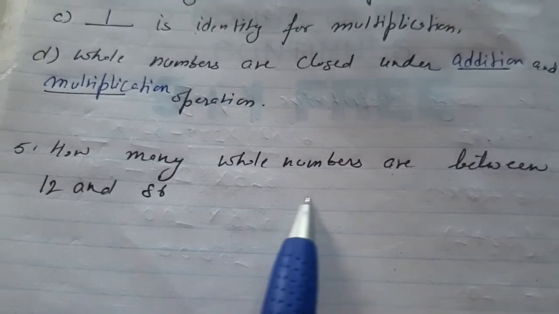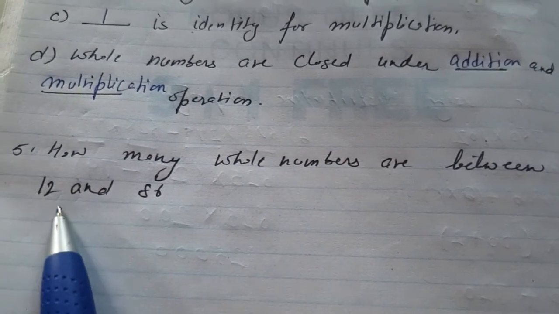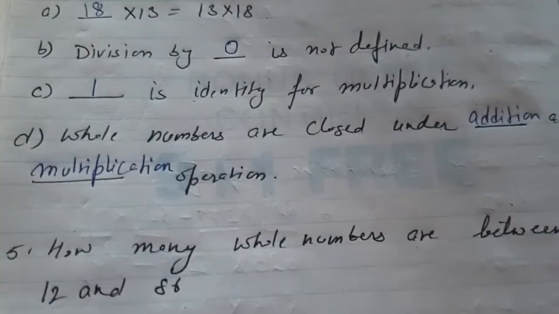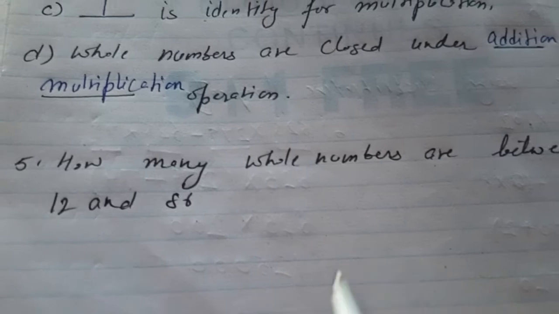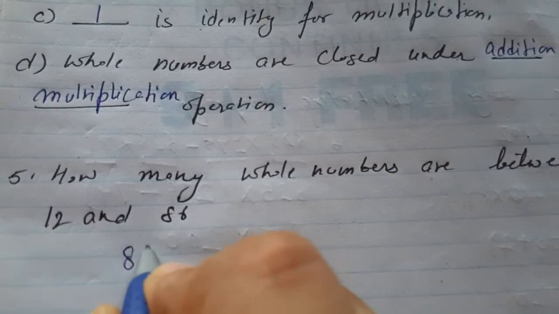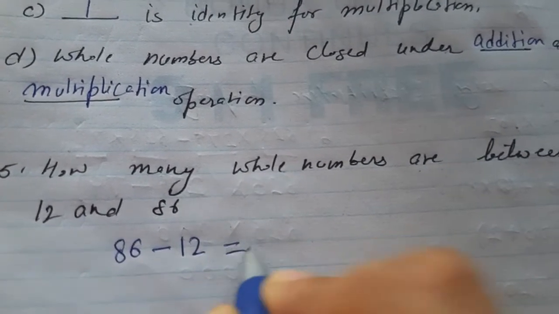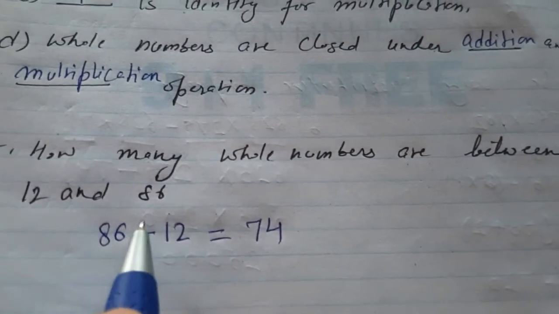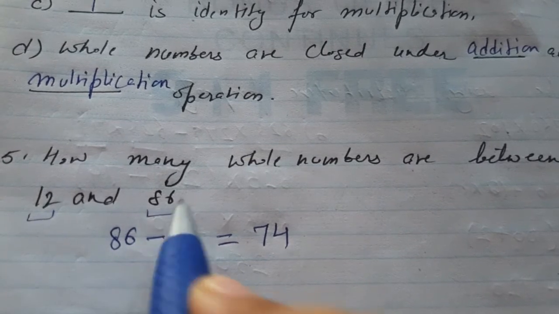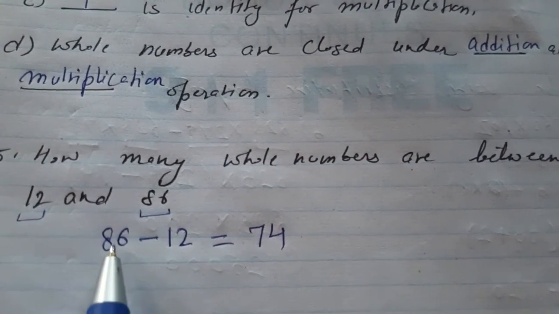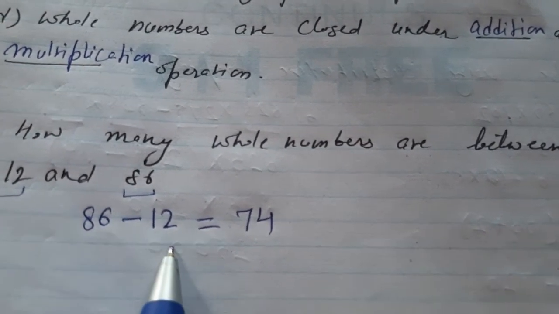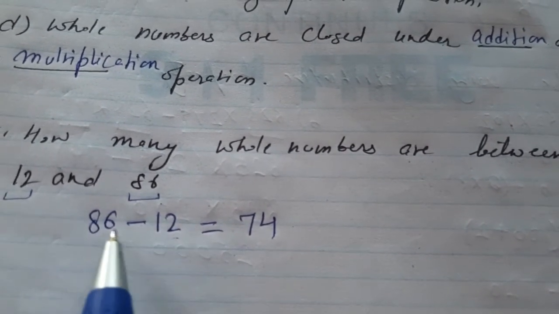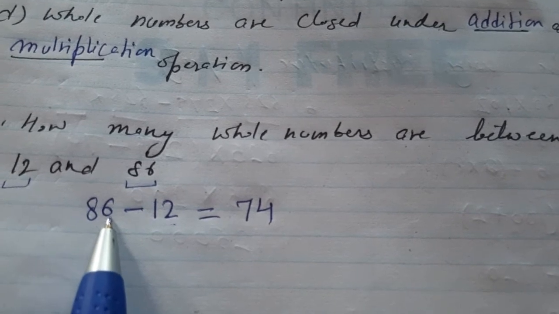Next is how many whole numbers are between 12 and 86. So you have to find out how many whole numbers are in between 12 and 86. So first of all we will subtract both the numbers and we will get here 74. But we know that both the numbers should not be included. When we subtract 12 from 86, 12 is excluded but 86 is still included there.